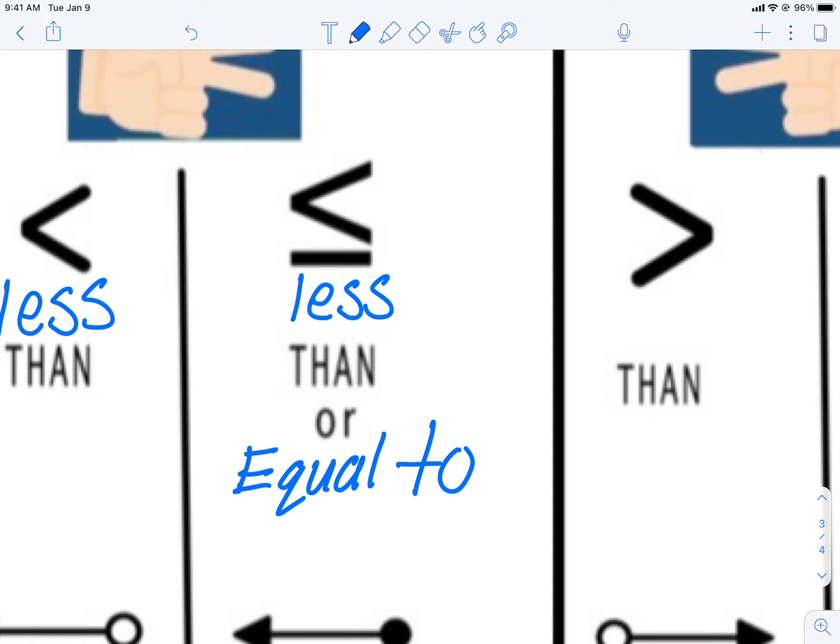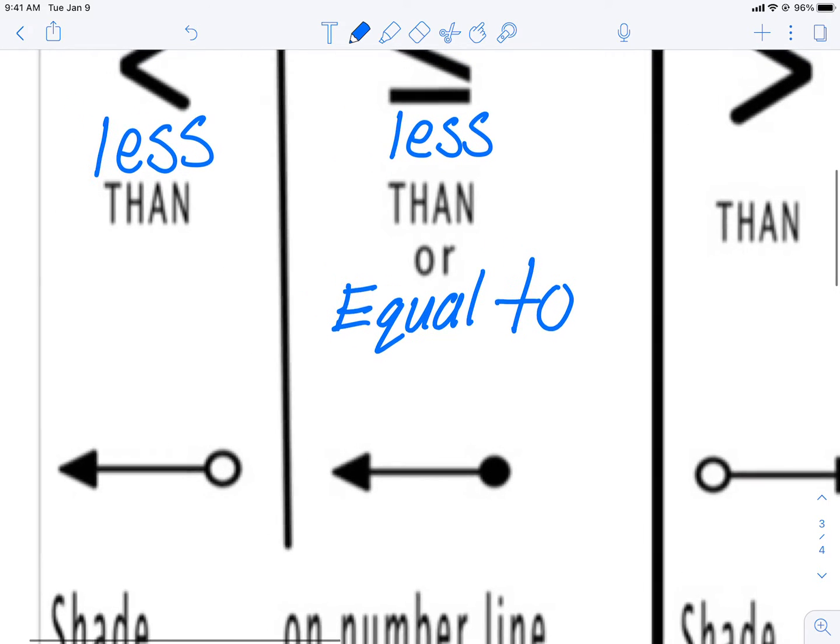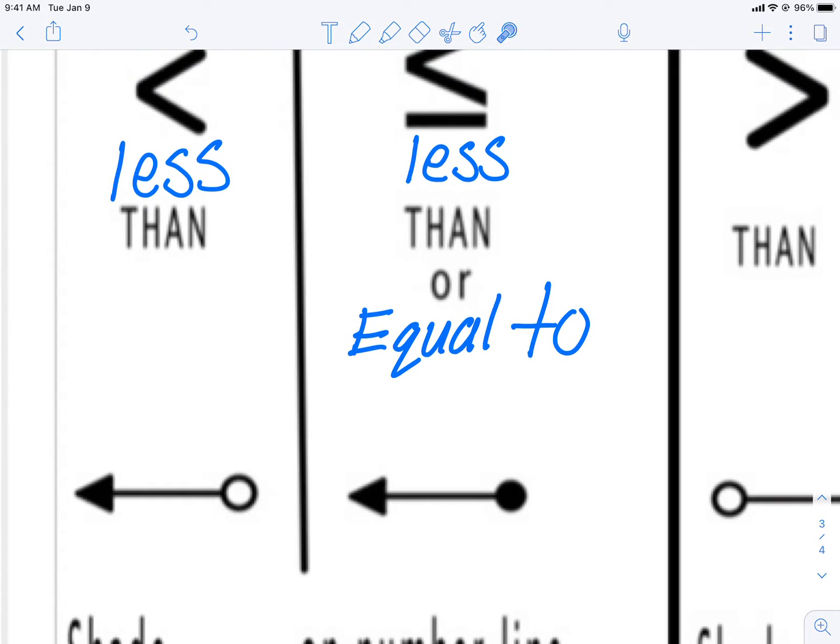Less than or equal to is what they call this one. Now this one's a little different than the less than because look what happens here. It's a closed circle and still arrow to the left. So closed circle and still arrow to the left, right?